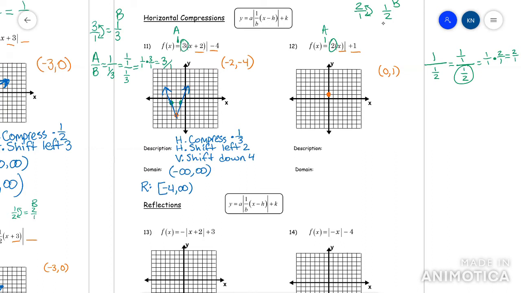So my A over B is 2 over 1. That means I'm going to rise 2, run 1, either direction. And honestly, if you're sitting here really struggling understanding that A over B kind of thing to the next point, I want you to realize, first of all, horizontal stretches and compressions are not a teacher's go-to. We like the vertical ones more so.